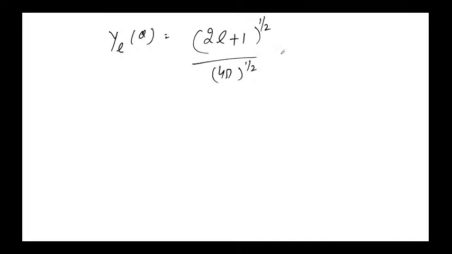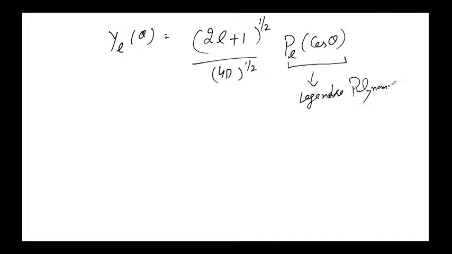Our spherical harmonic solution is the square root of (2L plus 1) over 4 pi, times P_L(cos theta), where P_L(cos theta) is the Legendre polynomial of order L.